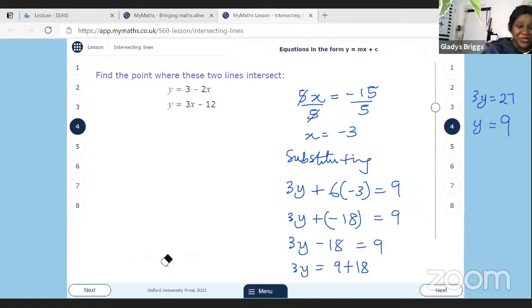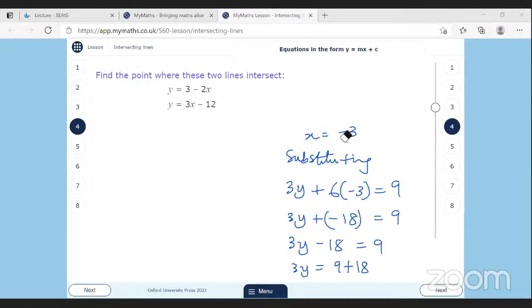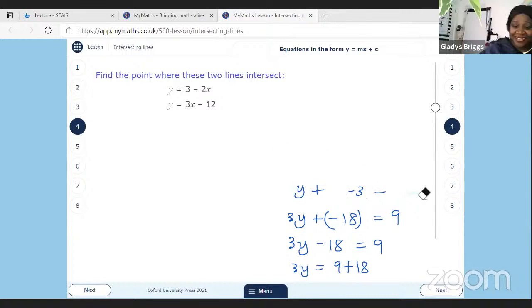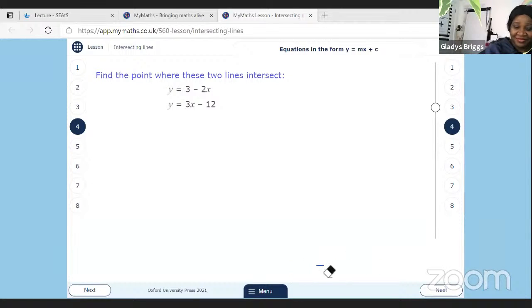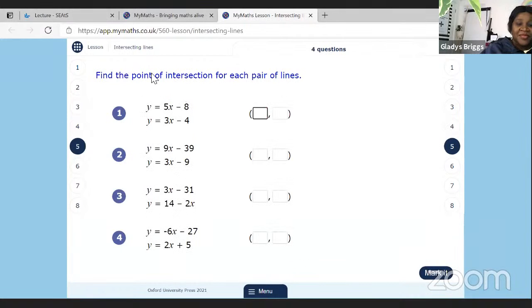Okay, let's do the piece of cake then. Let's eat up this piece of cake fast. Have a go at question 1 and 2.